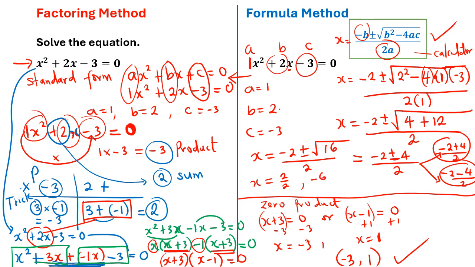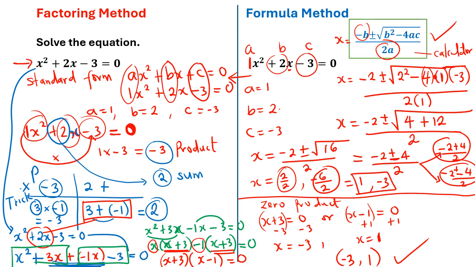Negative 6 over 2. Notice that we're not multiplying, so we cannot get positive results. It's an addition, so we're adding two negative numbers together. So we have 2 divided by 2 here, which is 1, and negative 6 divided by 2, which is negative 3. So these are your answers.